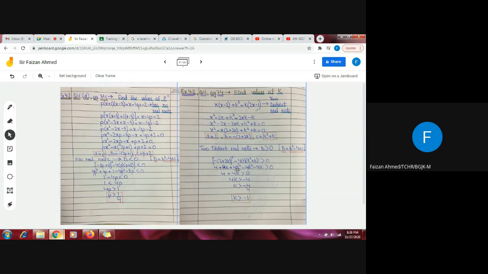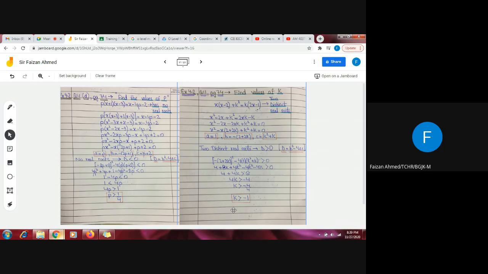Minus 4k square plus 4k square will be cancelled out, and the remaining equation will become 4 plus 4k greater than 0. And I will shift this 4, since it is positive, it will go on the other side and it will become minus 4. And this k has 4. This 4 is being multiplied, it will shift on the other side and get divided. And the range of k will be k is greater than minus 1 when the equation has two distinct real roots.